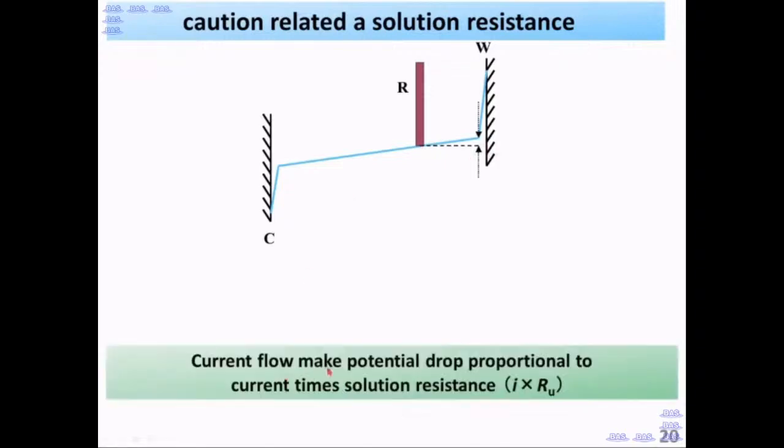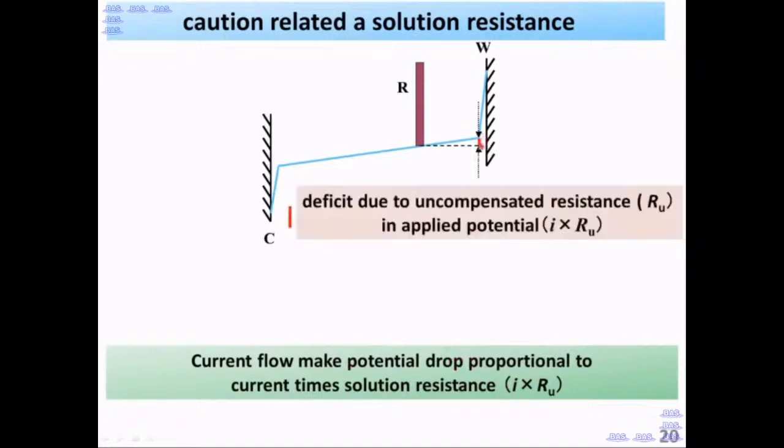So current flow makes a potential drop proportional to current times solution resistance. This potential difference deficit is due to uncompensated resistance in the potential applied by the potentiostat.